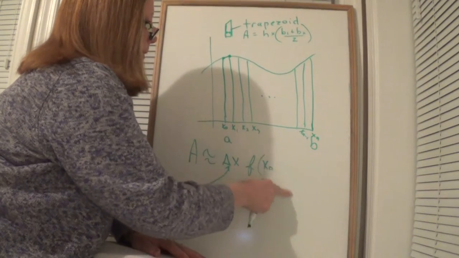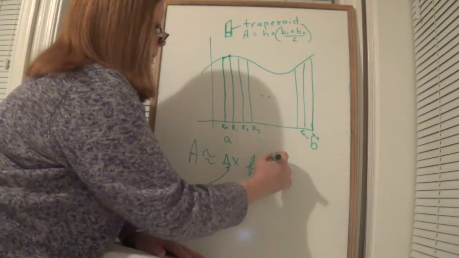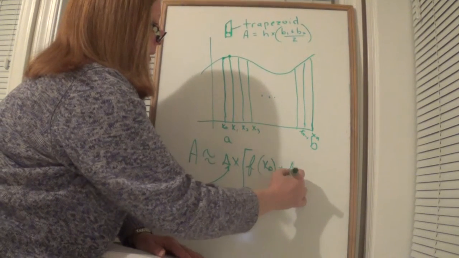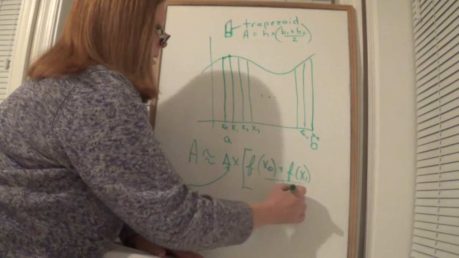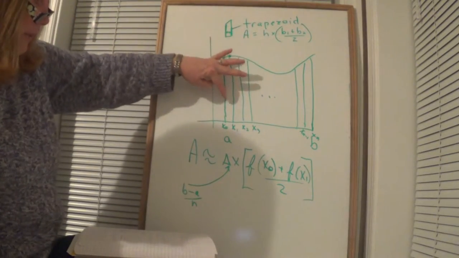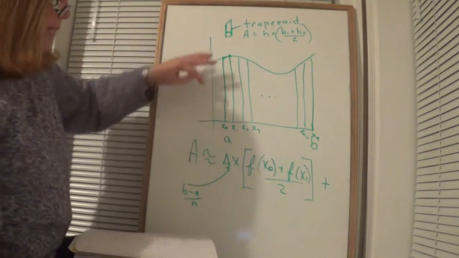I wrote that wrong. Let me clarify. So we're going to take the function at x sub 0 and we are going to add to it the function evaluated at x sub 1 and divide that by 2. And that will get us the first box right there. Then we're going to do that again for the next box.